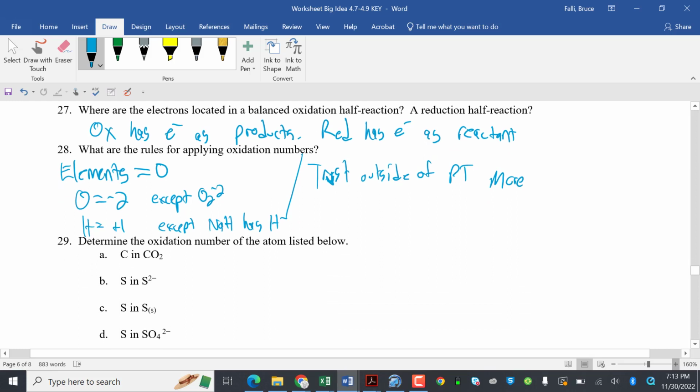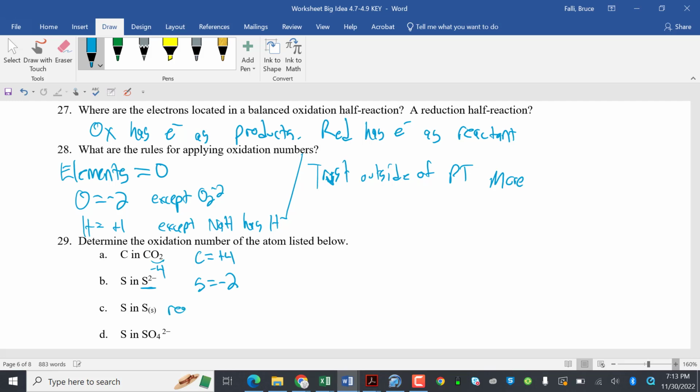Determine the oxidation number of the atom listed below. Okay, so I know oxygen is -2. So 2 -2s are -4. So carbon is +4 to neutralize it. S in S -2. Well, it tells me that S is -2, so S is -2. S in S solid, so that's its regular state. So that's going to be S equals 0.